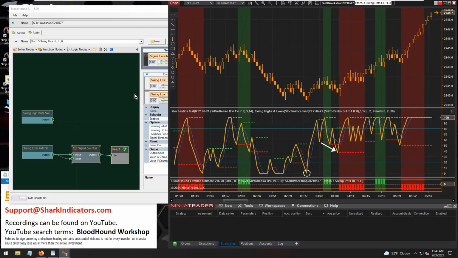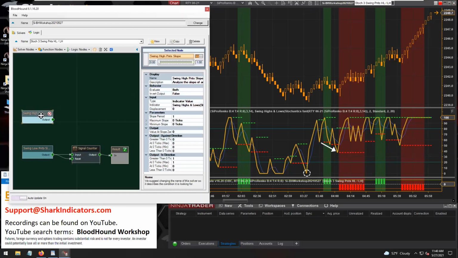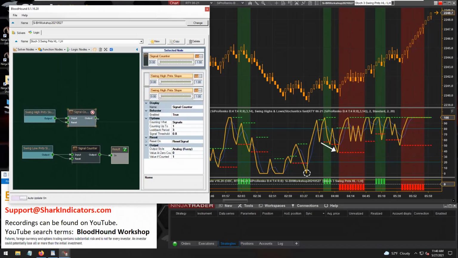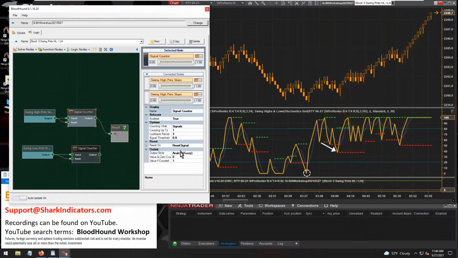All right. So next step is to apply a swing counter to the swing high points. Let's grab another signal counter, connect that in, and we're going to set this one up exactly the same.